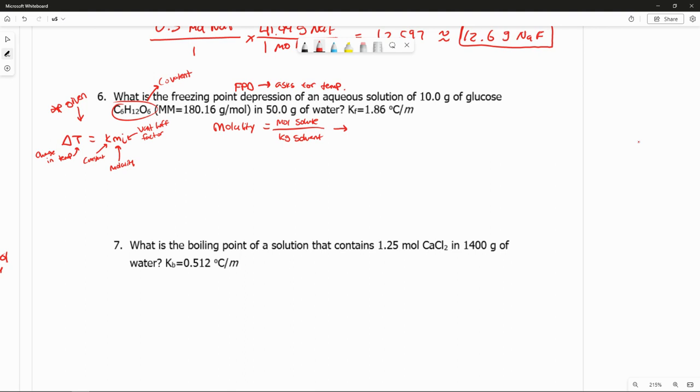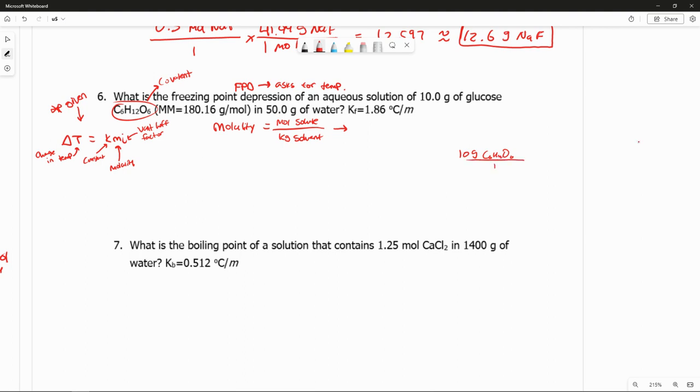All right, so moles of solute we know because we can calculate it. When we try to calculate the moles, we have to use dimensional analysis. We're given 10 grams of glucose, C6H12O6.